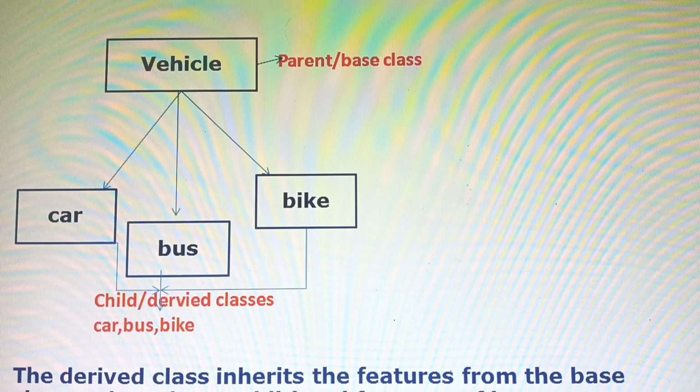They have inherited the properties of vehicle, so they are the child or derived classes. The main class is the parent or base class, and the derived class inherits the features from vehicle. This is inheritance. Got the idea? One parent class, three derived classes. The derived classes inherit the properties of vehicle.